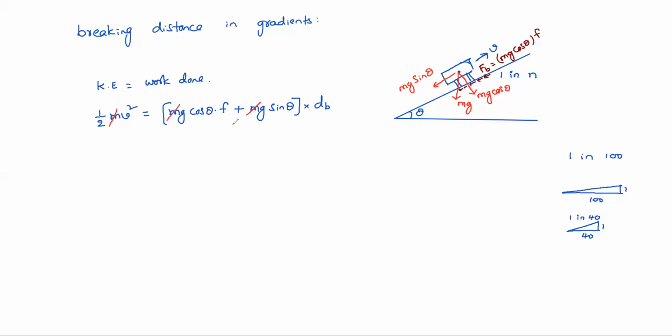Now, braking distance d_B equals v square by 2g into (f cos theta plus sin theta). Here one small correction: some approximation we will have for small angles.